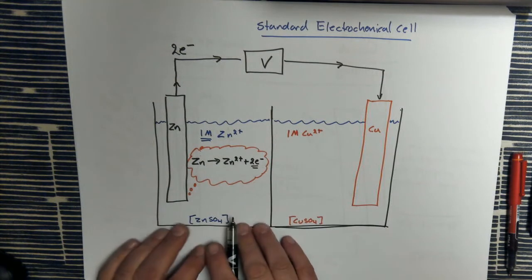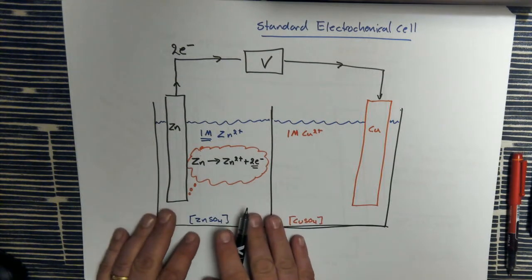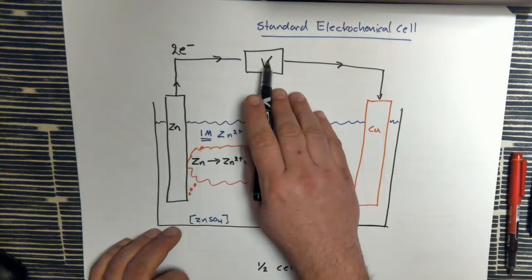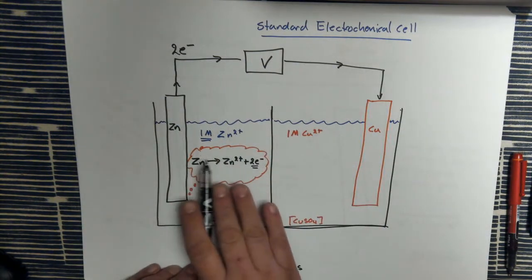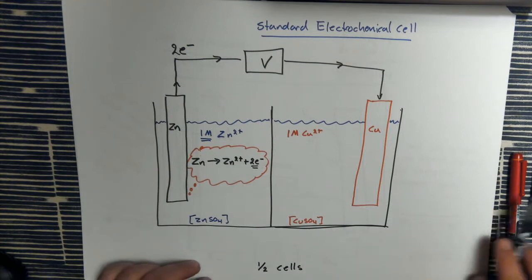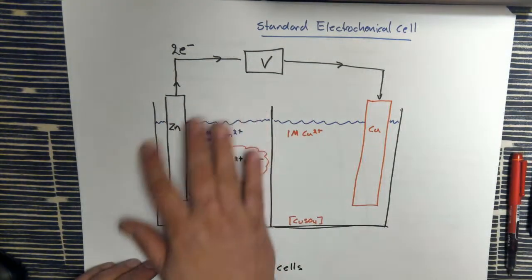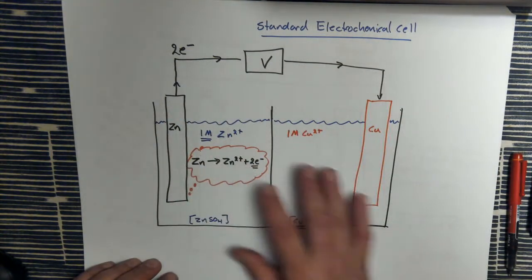But it can't become more positive because it has to maintain neutrality. So the voltage potential will go for a moment and then it'll stop because there will be an imbalance in the distribution of charges in this solution.